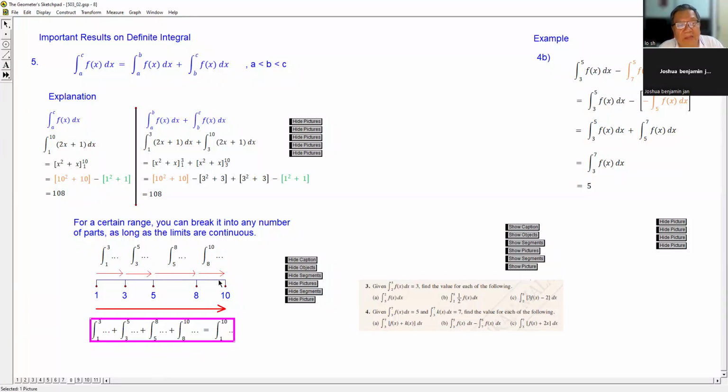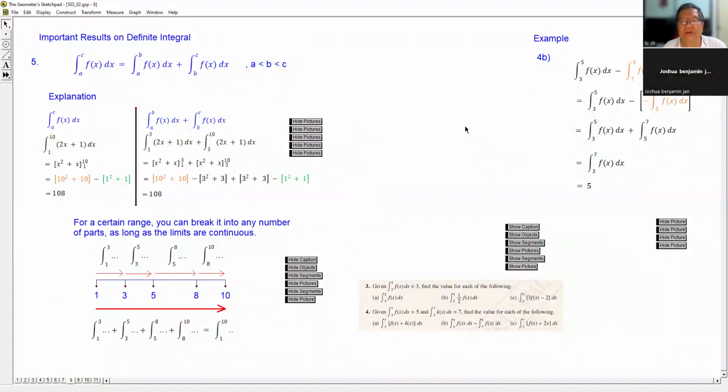You integrate part by part, and that is the same as 1 to 10. Any question? If you cannot understand this many parts, just take 2 parts, from 1 to 3, 3 to 10. Any question?